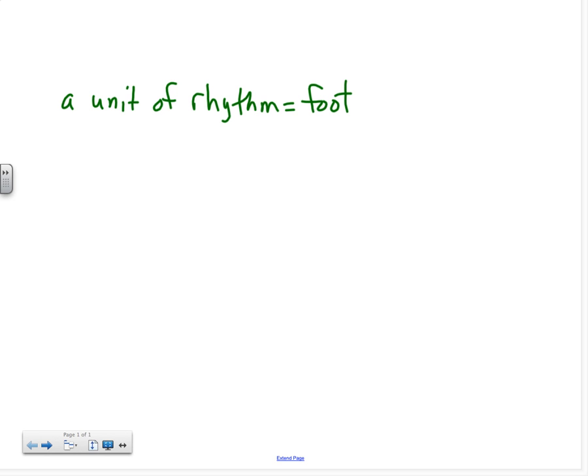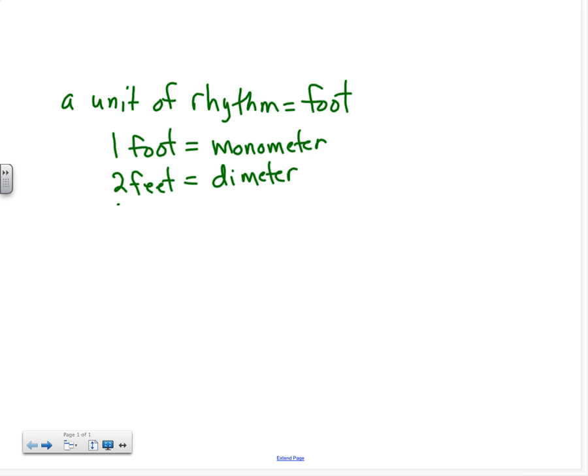If in a line of poetry you have one foot of the rhythm, it's called monometer. Two feet is called dimeter. Three feet is called trimeter. Four feet is called tetrameter.